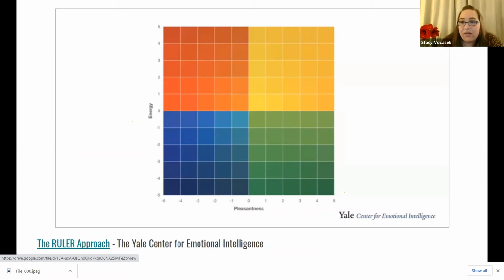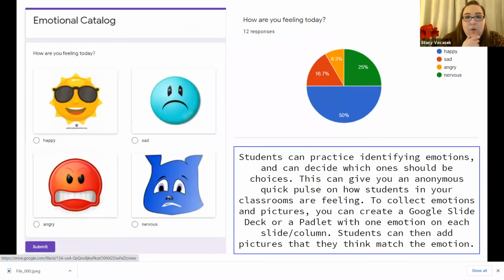And a big part of the RULER approach is naming the feeling. So having a grid like this is something that you could do, or on a Google Form, super simple, put the picture of the feeling and have kids say, how are you feeling today? And just click on one thing.